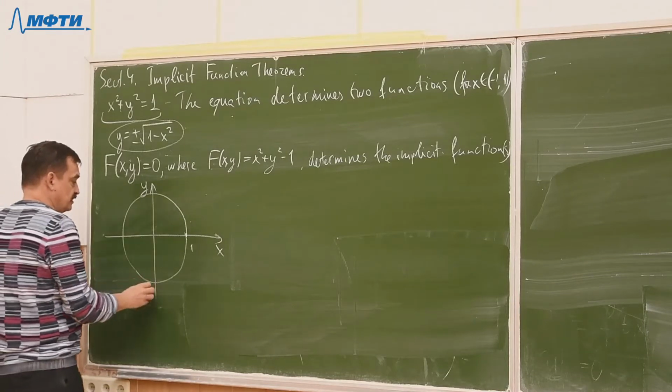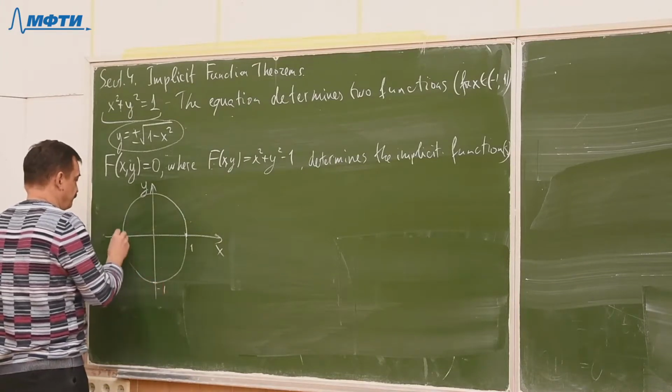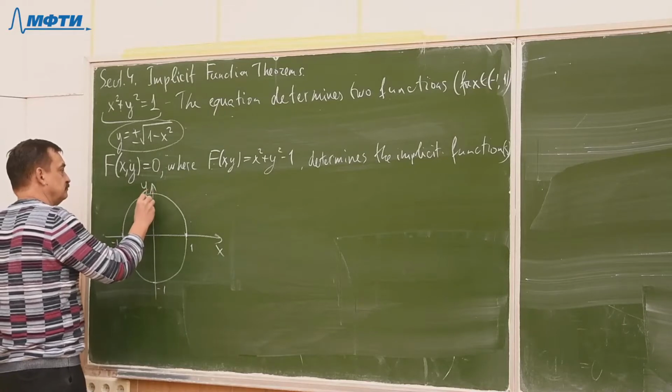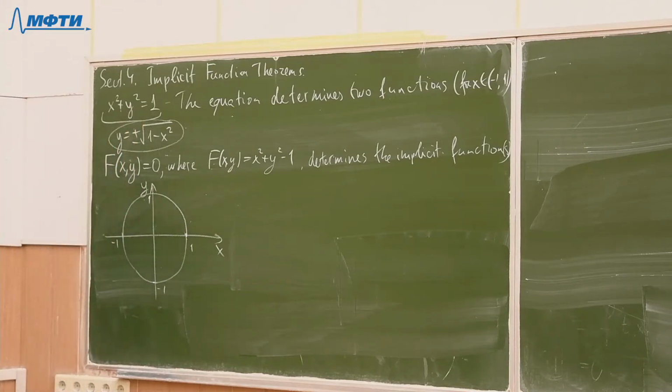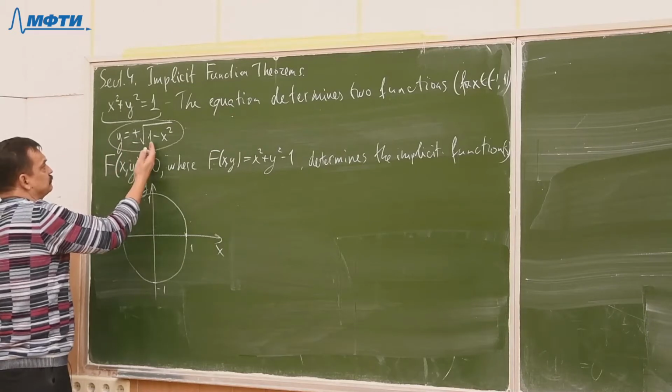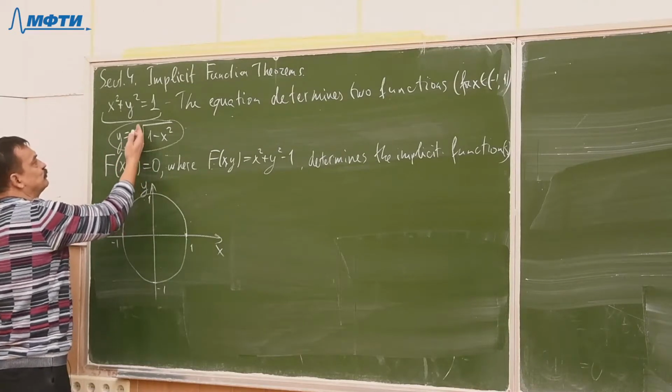So here is the graph of our equation. Now, how can we choose between those two functions?